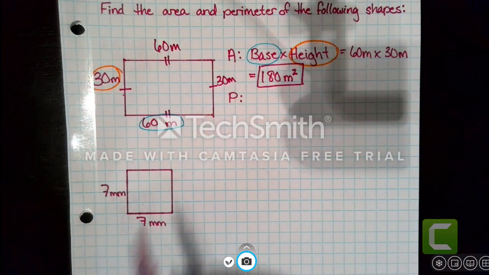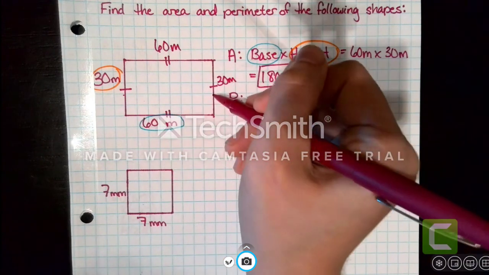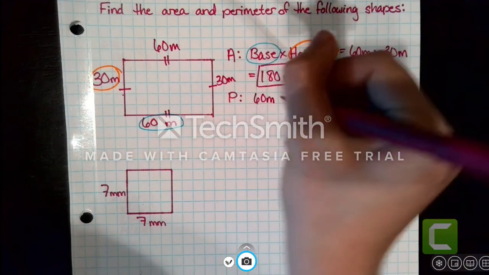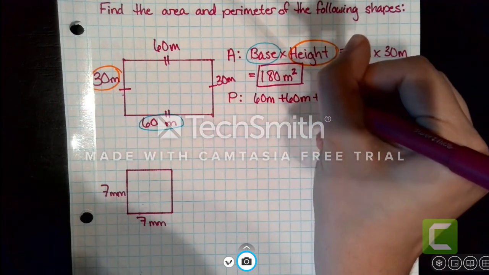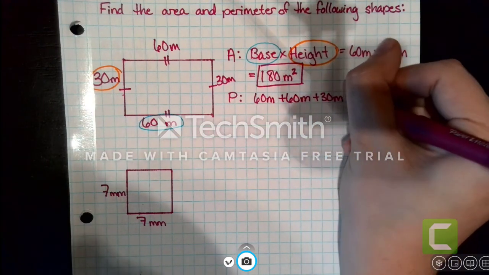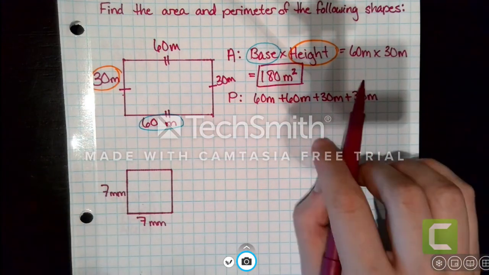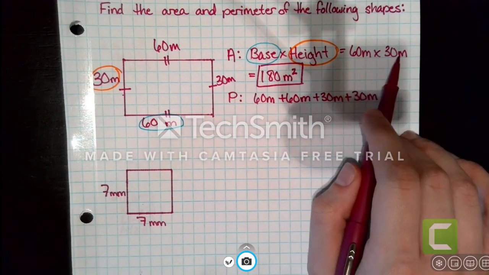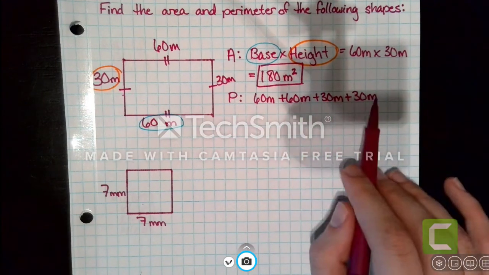Now for the perimeter, all you need to do is add up every single outer edge. So you should have 60 meters plus 60 meters plus 30 meters plus 30 meters. An important thing to note here is that unlike up top when we were multiplying our 2 meters together to get squared, we're only adding these measurements together.